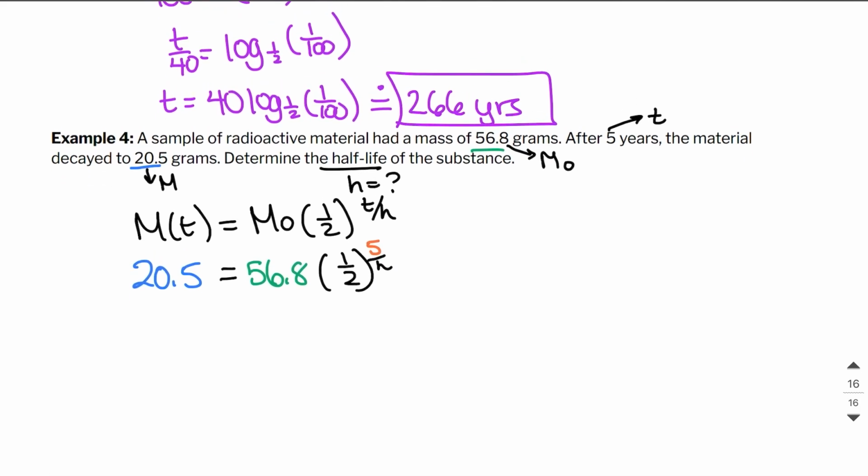And now we need to solve for this h in this exponent right here. So the first thing I'm going to do is divide everything by 56.8. And 20.5 doesn't get divided by 56.8 evenly, but if I were to reduce that fraction, it would end up becoming 205 over 568, and that's going to be 1/2 to the power of 5 over h.